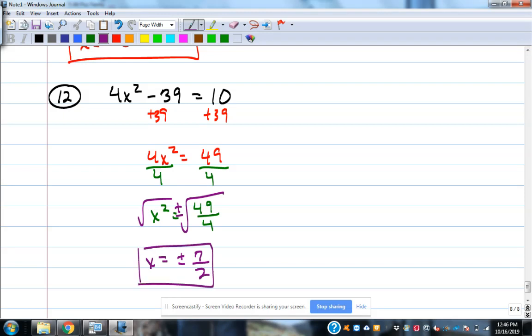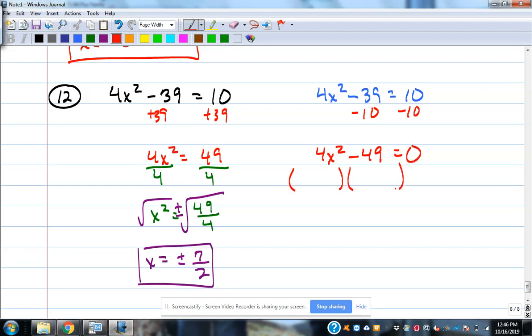Perfectly fine. If you did difference of squares, which is not wrong, what's the difference in how you do it? Subtract 10 instead of moving the 39. And that's going to be 4x squared minus 49. And we know the factors for that are what? And we set each of those equal to 0.